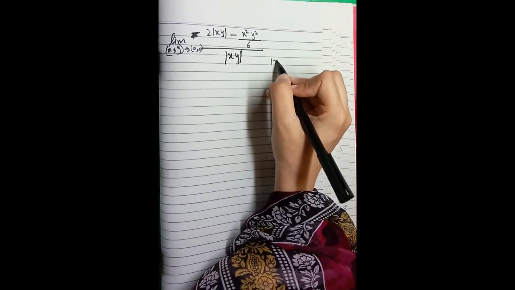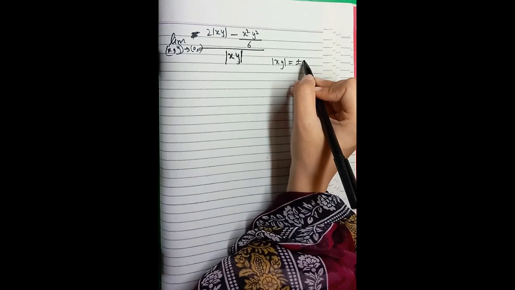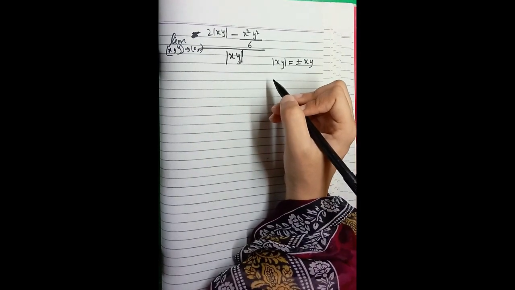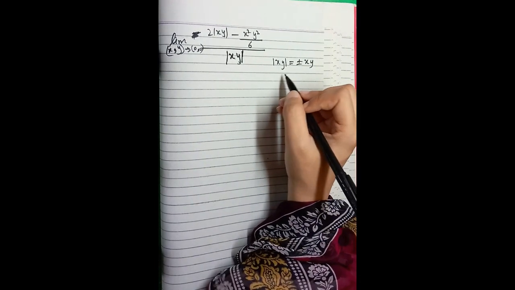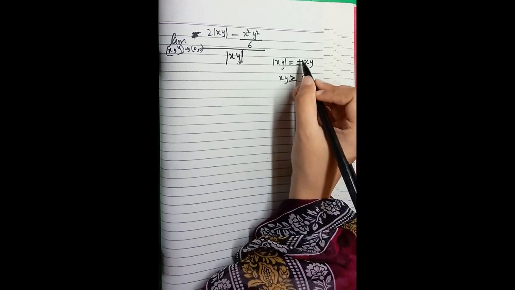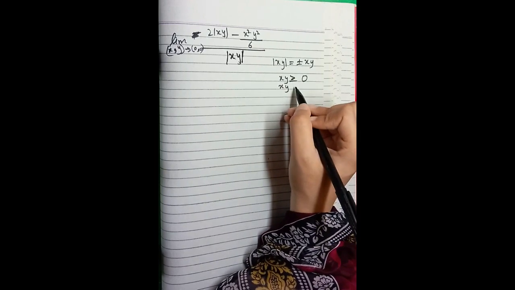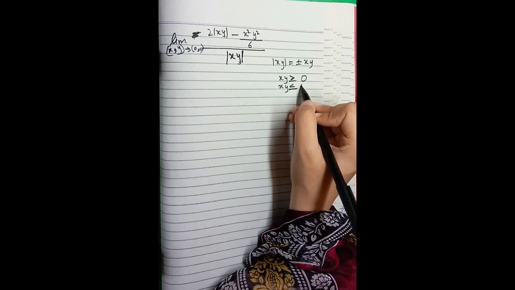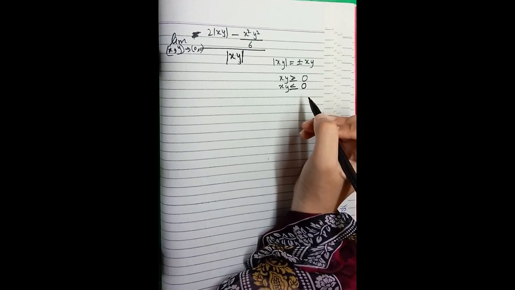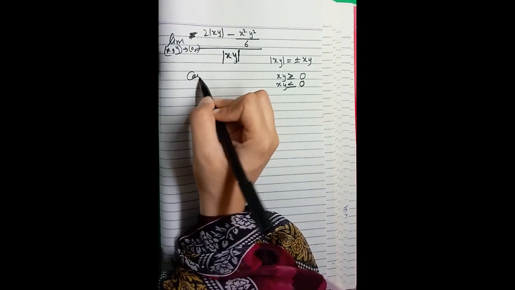So we define it as absolute xy is equal to plus minus xy, which means now we are having two cases: that xy is greater than or equal to 0 for the positive one, and for the negative case we will have xy is less than or equal to 0. So we will solve such a question by taking the cases.